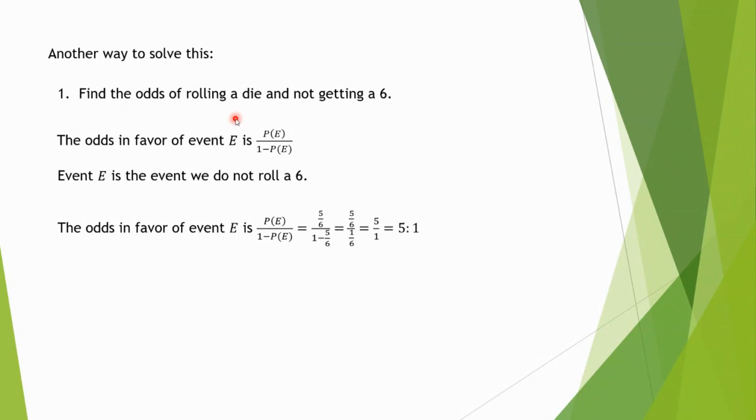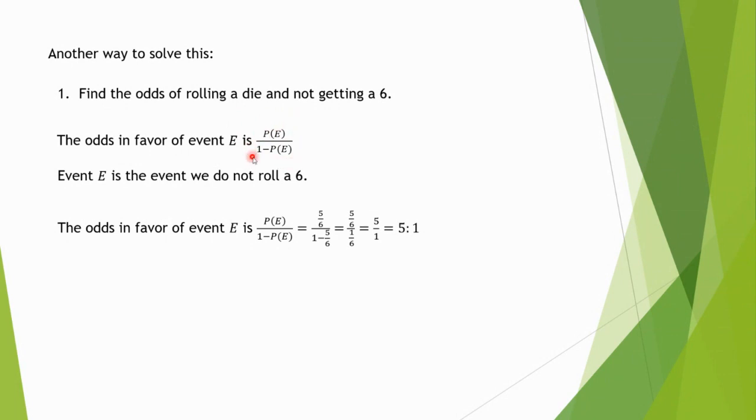Now, we could also find it using probability though. Remember, if E is the event that we're interested in, the odds in favor of event E turn out to equal the probability of E divided by 1 minus the probability of E. Okay?